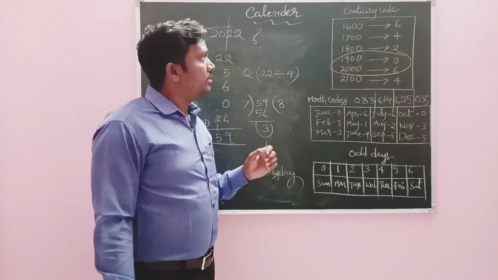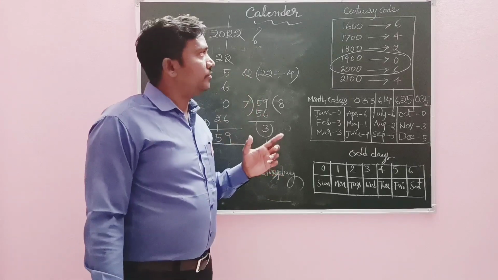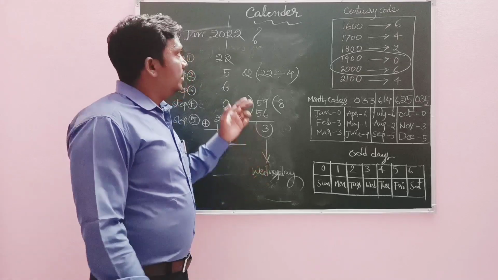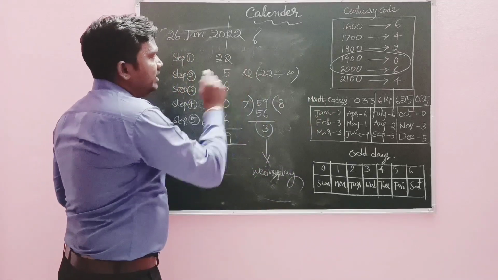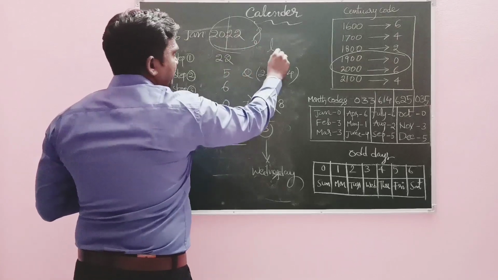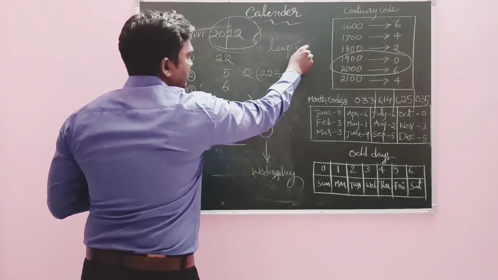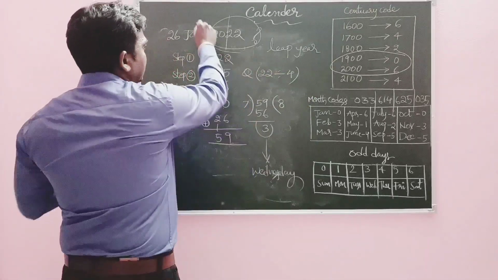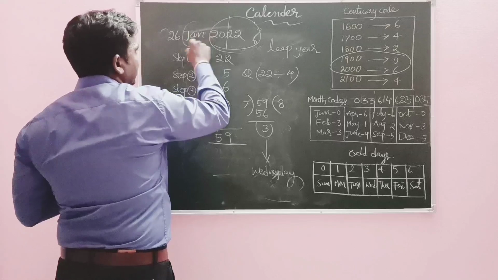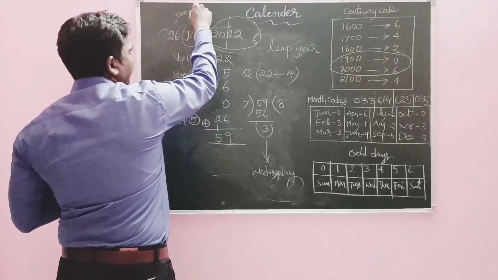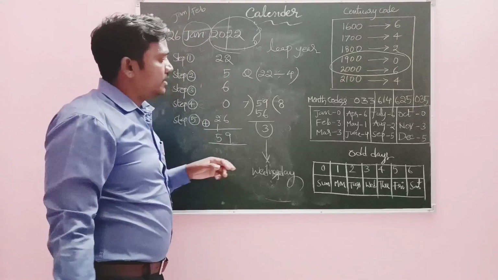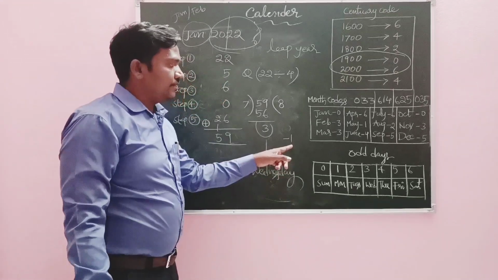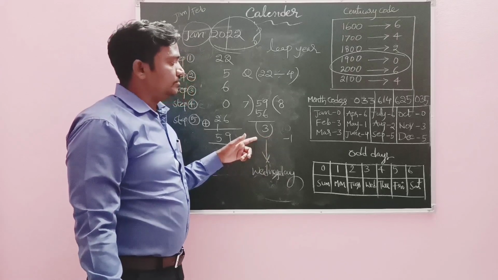Here we have to remember one important point. If the given year is a leap year and the month is Jan or Feb, then we have to subtract 1 from the final result.